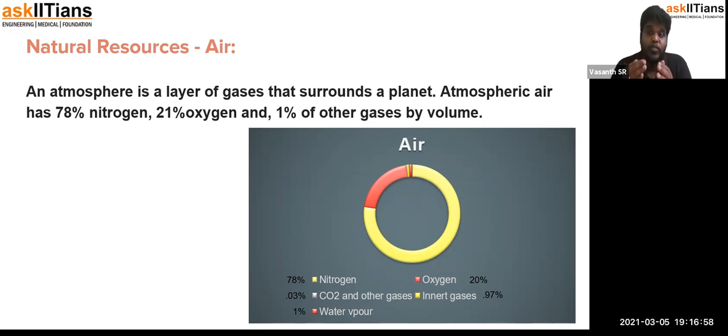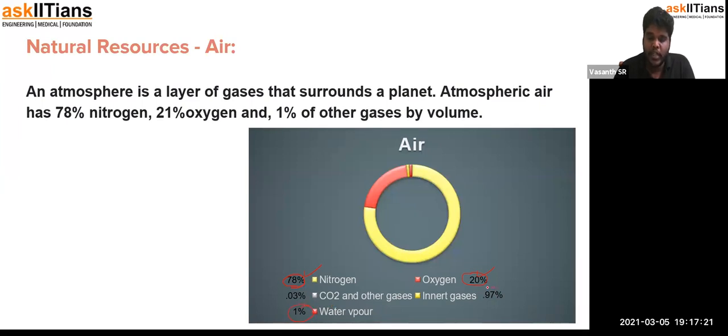The atmosphere, which consists of air, is majorly made up of nitrogen. You can see it is made up of 78% nitrogen. The second major component is oxygen, which is 20%. And the next is water vapor.